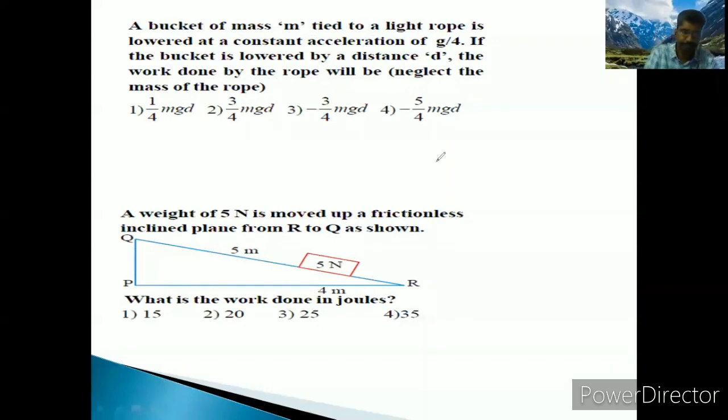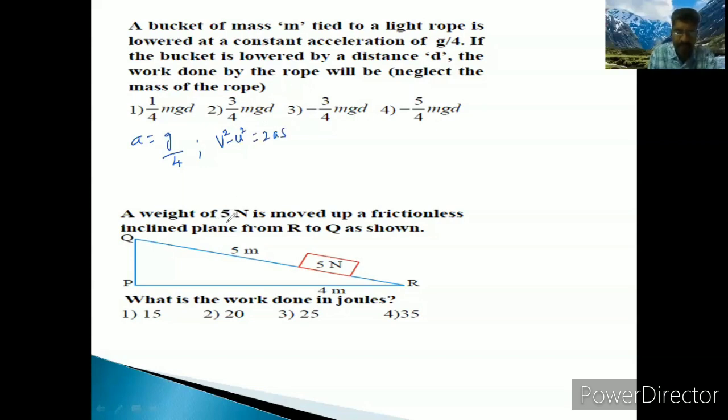See here. A bucket of mass m tied to a light rope is lowered at a constant acceleration of g by 4. If the bucket is lowered by a distance d, the work done by the rope will be? Neglect the mass of the rope. Initially at rest, using the equation of motion, v square minus u square is equal to 2as.